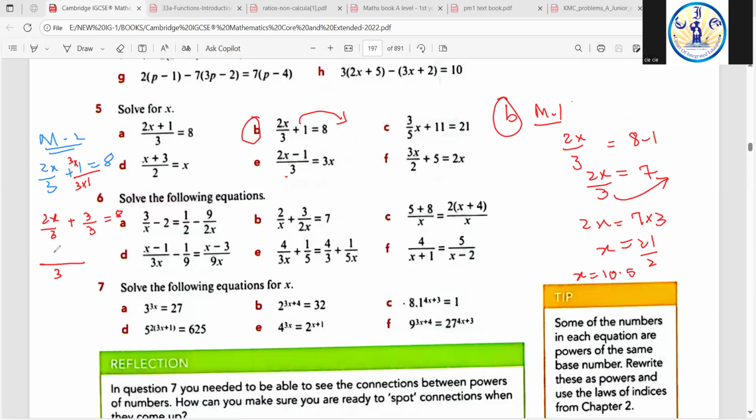I can get it written only once, and now it is a single fraction. So now I can shift this 3 to the other side. That will be 2x plus 3 equals 8 times 3, that is 24. And then I shift this 3 to the other side, that will give me minus 3. And this is 21 now, and the value of x would be 21 divided by 2, that is 10.5 as before. So in both of the cases, you get the same answer.